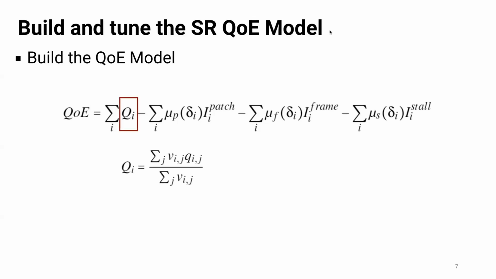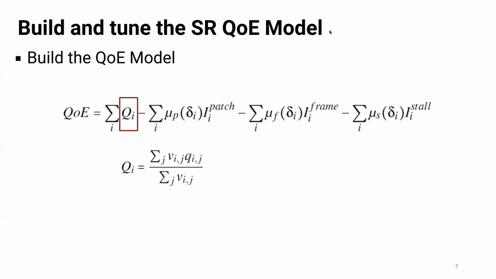Capital Qi is the quality of the i-th frame. And each frame i has lots of patches, which is denoted with j. The lowercase qij is the quality of the j-th patch of the i-th frame.